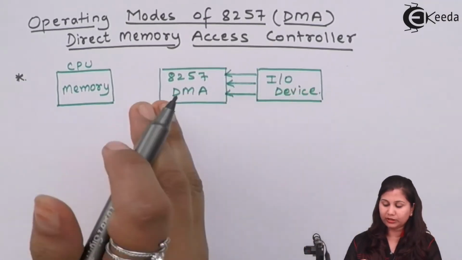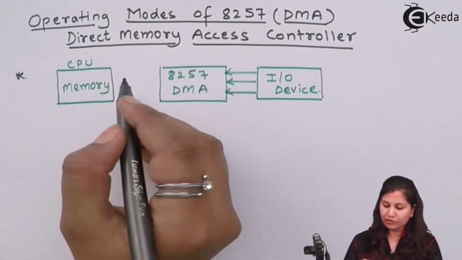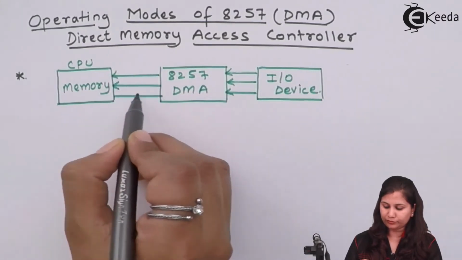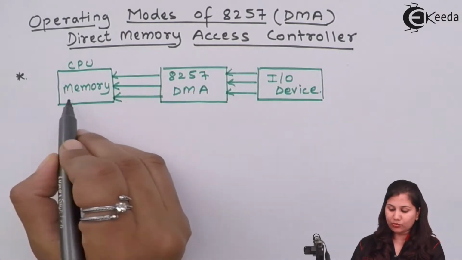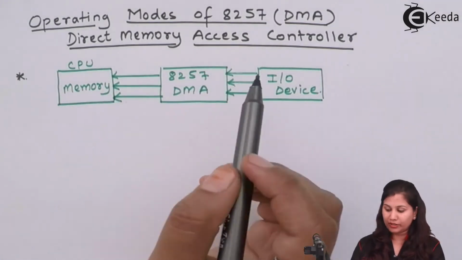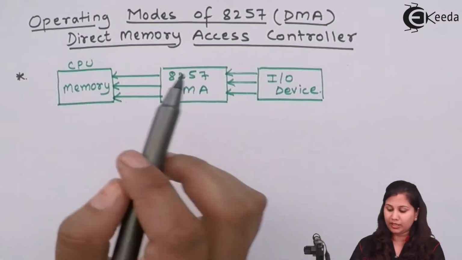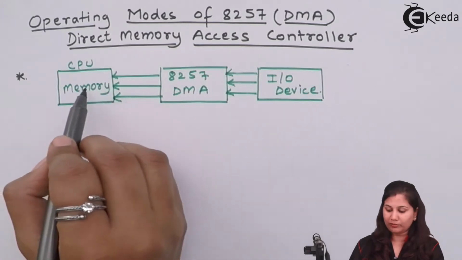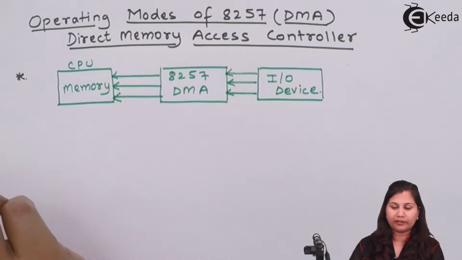It will transfer the data to the DMA controller, and then this data will be transferred to the memory of the CPU. And again, if this input output device wants to read some data, a large amount of data, from the memory, then that data will be sent from the memory to the DMA and then from DMA to the input output device.